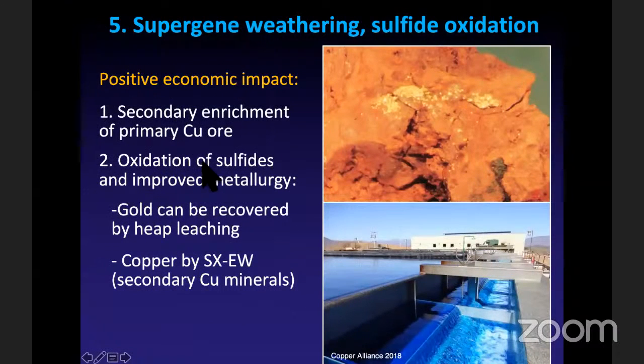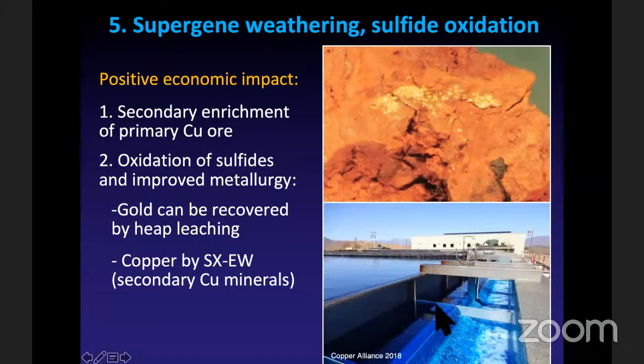Finally, supergene weathering may have a very positive economic impact. One way is releasing gold from pyrite, whether it's in the pyrite structure or as small inclusions in pyrite; the oxidation of pyrite will release gold. This is from Rodalquilar, what they used to call the red clays, the highest grade gold ore.